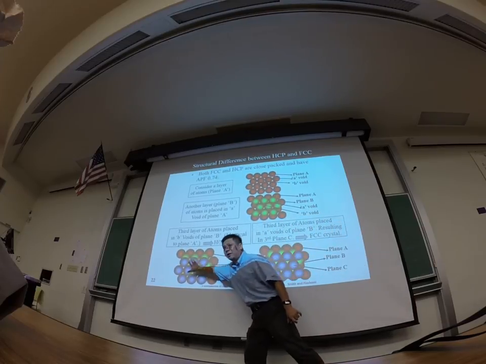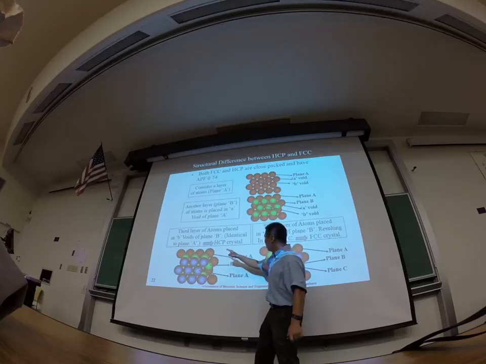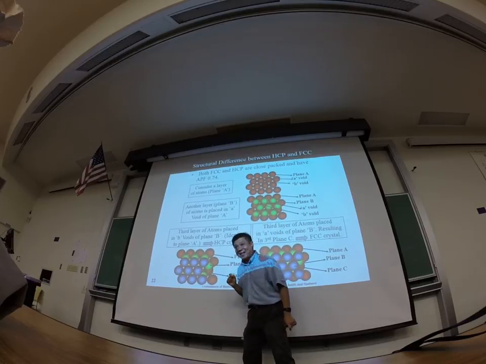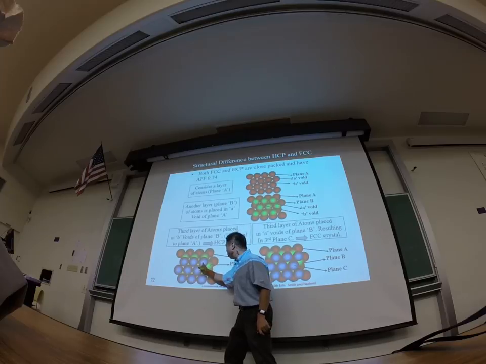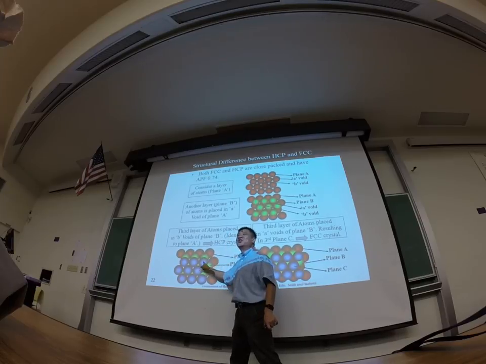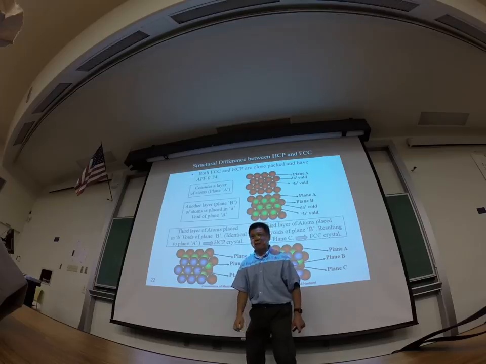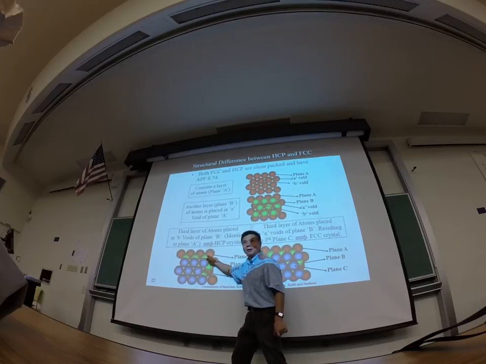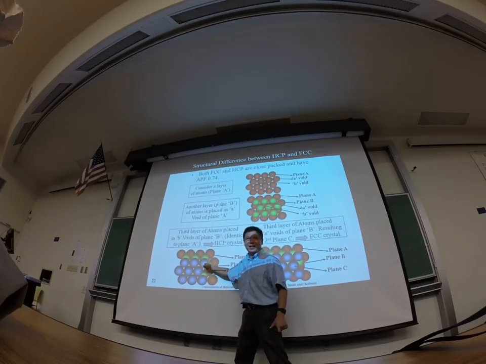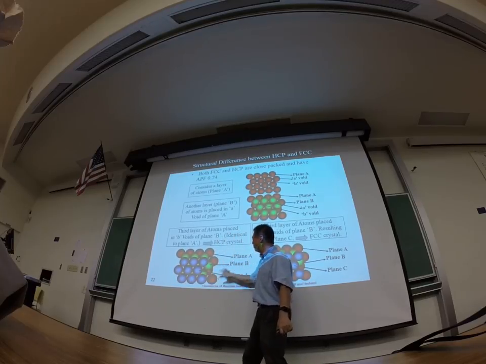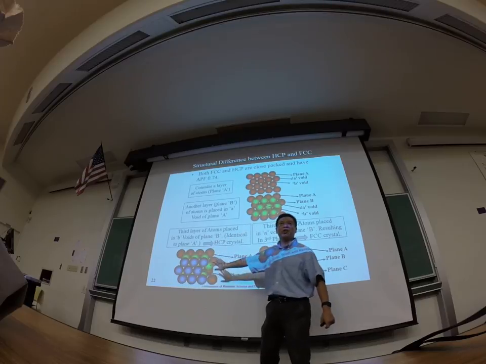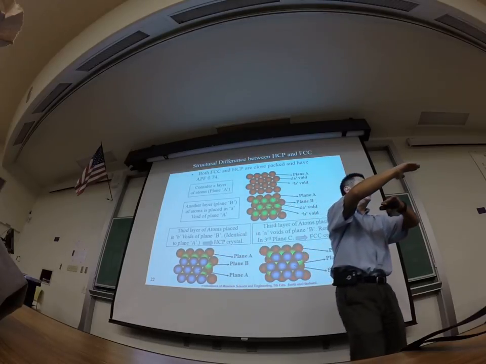But if the third layer takes the B voids of the second layer, in that case, the third layer will correspond exactly to the bottom atoms. So you have A, B, but now you have A again. And then if you continue to build on, you have another B. Therefore, for the HCP structure, you have AB, AB.